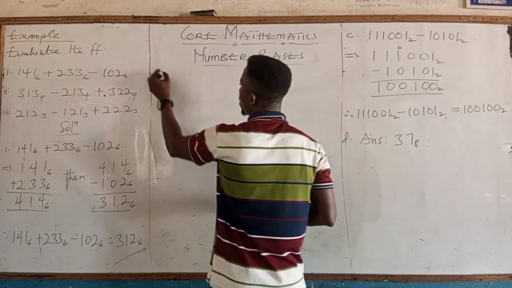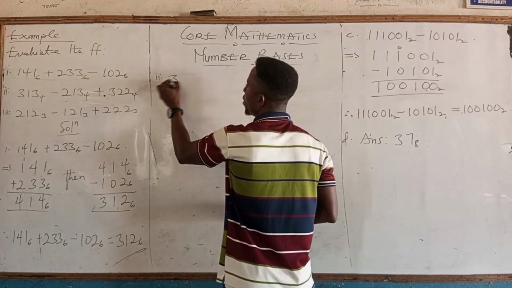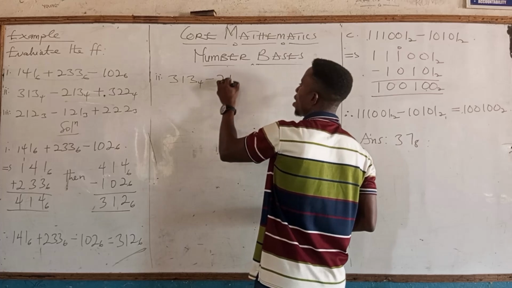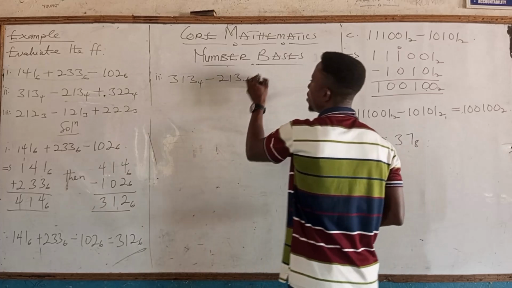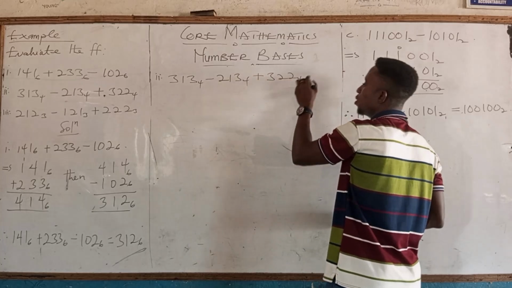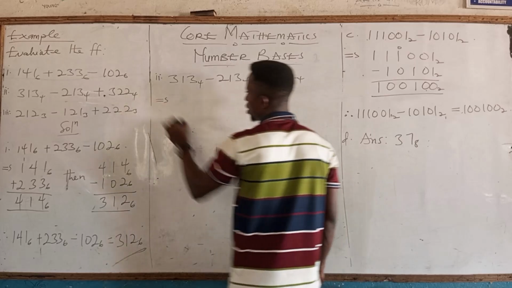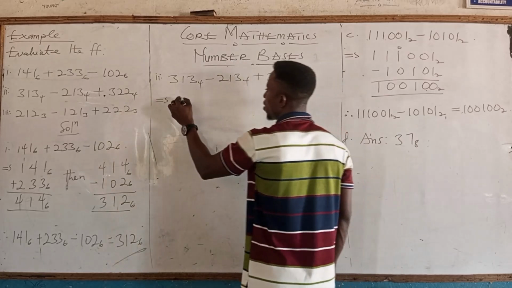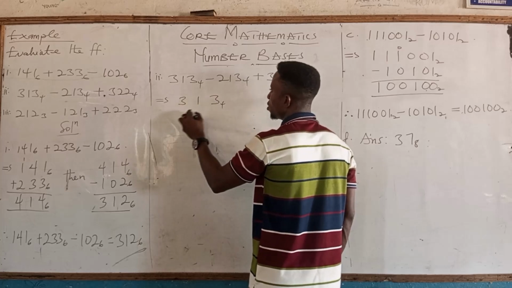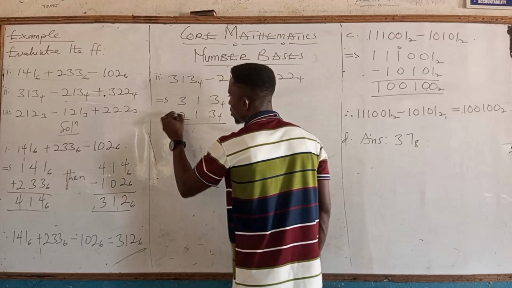Okay, the second one, which is the II, also says what? 313 base 4 minus 213 base 4, then plus 322 base 4. And what do we do? So this one implies we first of all subtract. So I'll have my 313 base 4, then 213 base 4. We are subtracting.